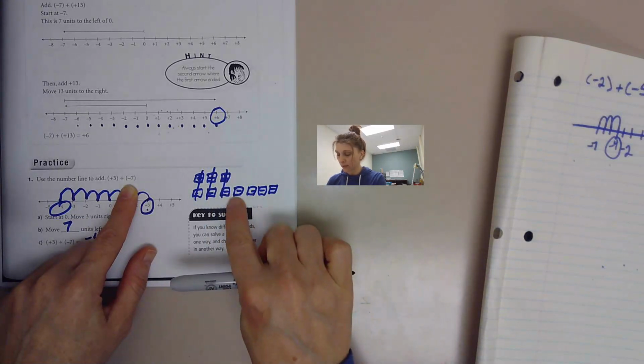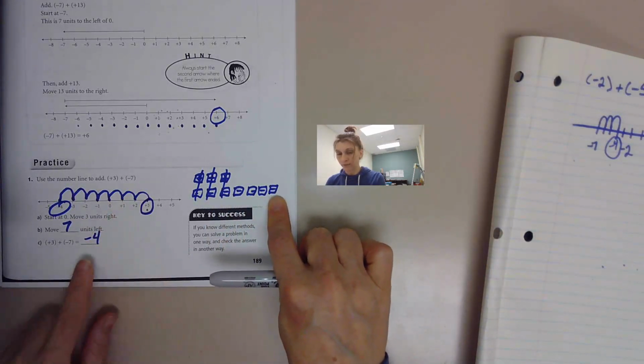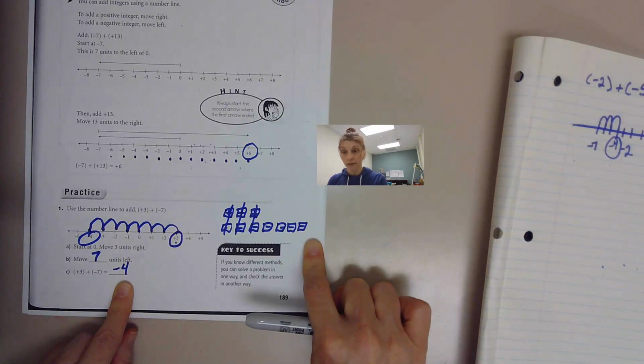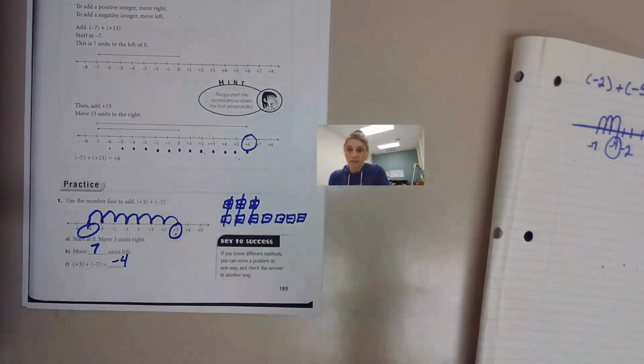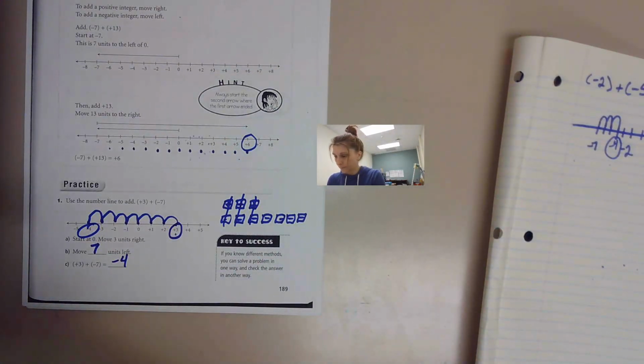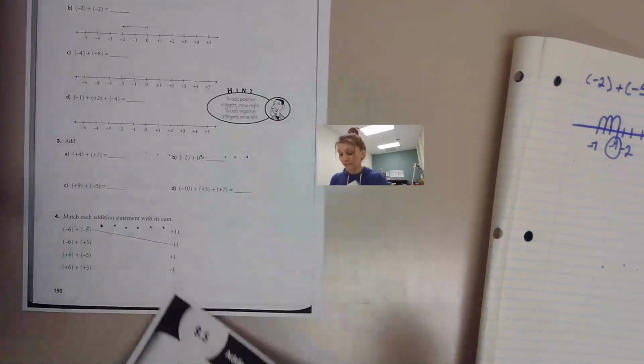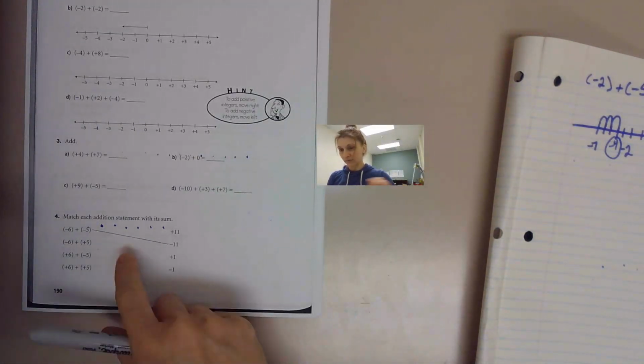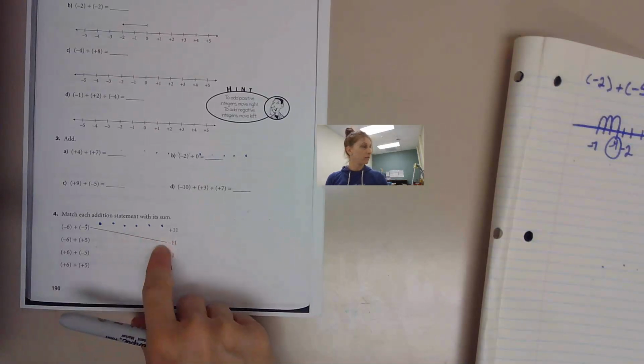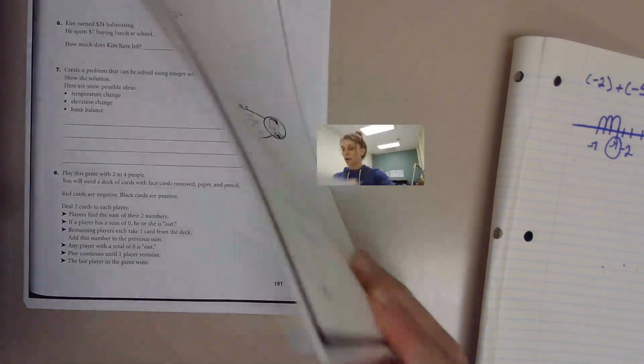What's left over? 1, 2, 3, 4 negatives, which is what we got. Okay, 2 different ways gets you the same answer. The beauty of math. Oh, that wasn't beautiful though. I went right through my paper.